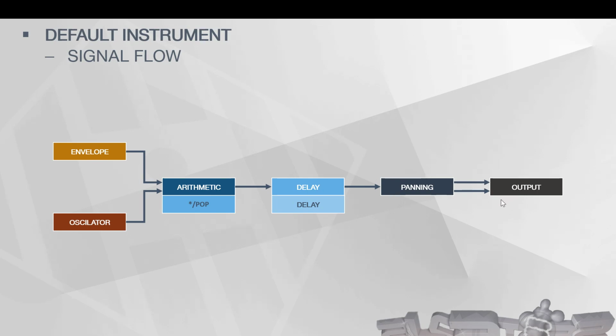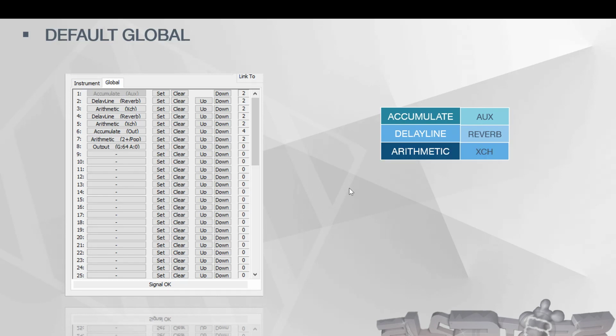So now, what do we do with this? We have a look at the default global instrument in the voice section tab for the global. So the first we have here is accumulate all aux signals. Then it adds a reverb. Then we have the exchange arithmetic.